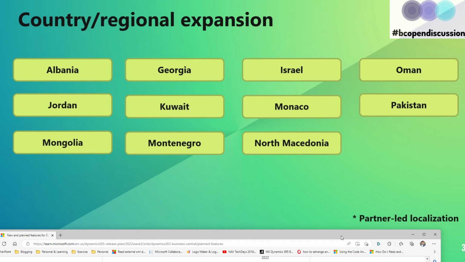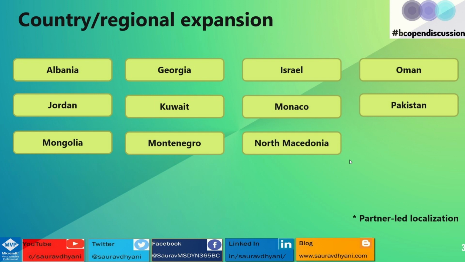So it's a great way of expanding the product because the way I think about it is it reduces the Microsoft footprint in those local regions, where Microsoft can now focus only on the core product, whereas the local regulatory changes and nuances will be managed by partners with the help of Microsoft for sure.